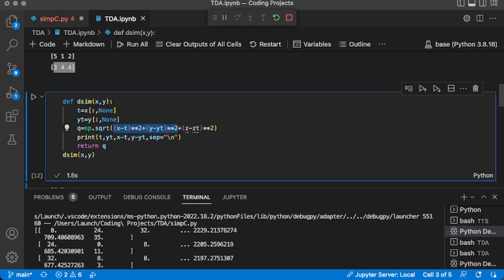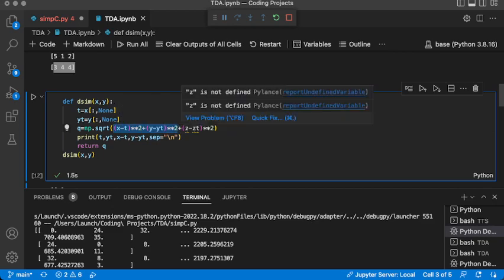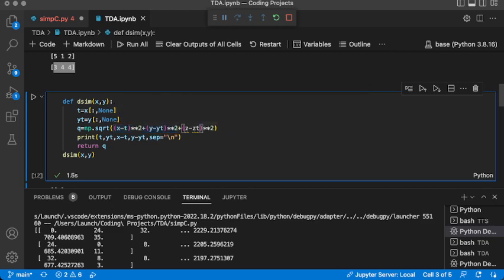This is just the Euclidean metric, and if I needed to generalize it this way, it wouldn't work because I would have to keep adding z minus zt, and b minus bt, and that's going to get annoying, and then I can't go back and do smaller versions. So I obviously need a more generalizable algorithm.